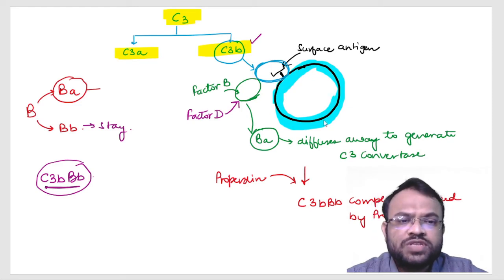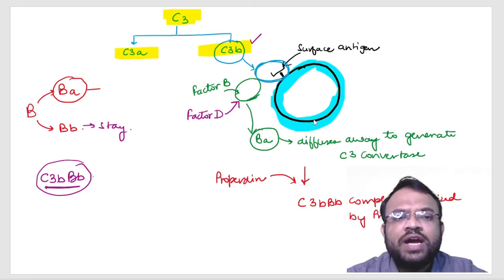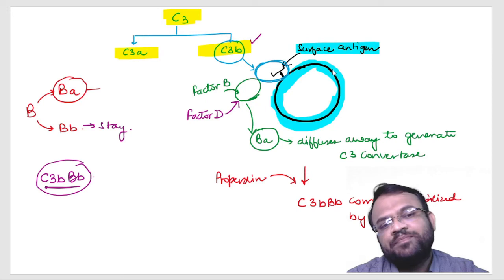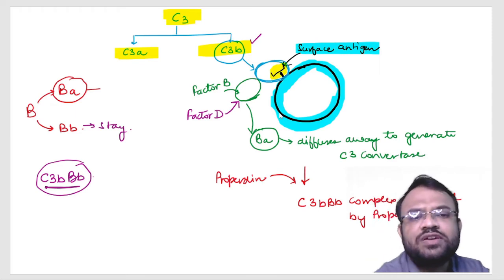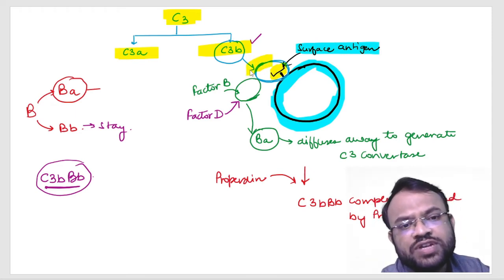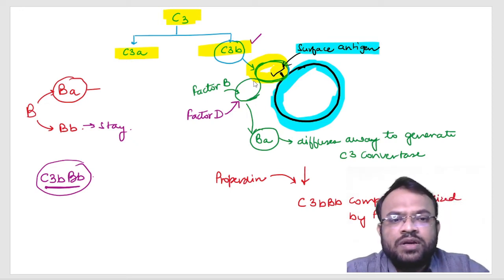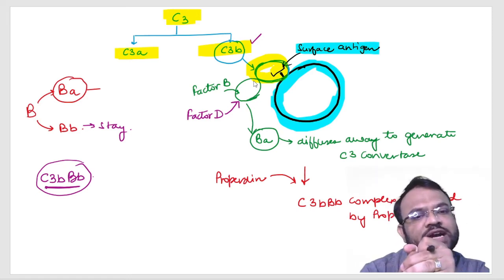Suppose the blue thing that I have highlighted is a pathogen, and on the pathogen there is a surface antigen. To this surface antigen, this C3b will go and bind like this. Now this C3b is binding to the surface antigen.